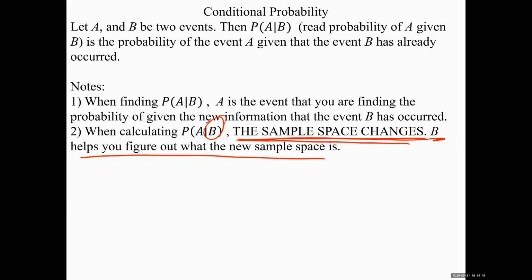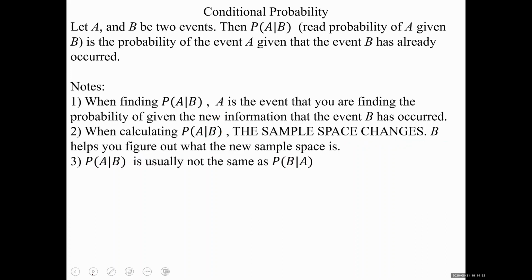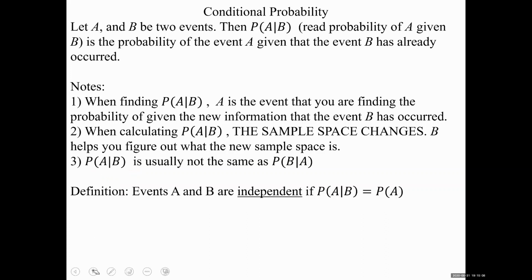Sometimes it is the new sample space, sometimes it's not. Probability of A given B is usually not the same as probability of B given A. When you're finding conditional probabilities, especially if you have to write the notation on your own, make sure you get the order correct, because if you switch the order, the meaning is totally different and the answer most of the time is different. Sometimes it's the same, most times it's different.